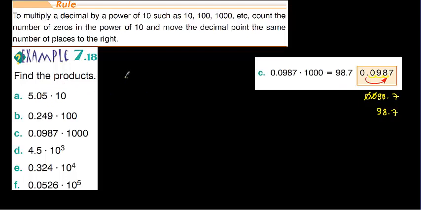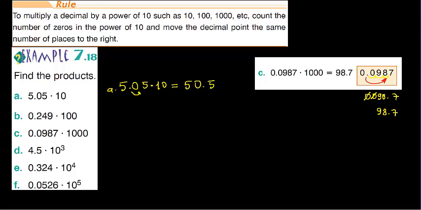Here 5.05, the A1, 5.05 times 10 is going to be equal to 50.5, because we are going to move this one 1 unit right.